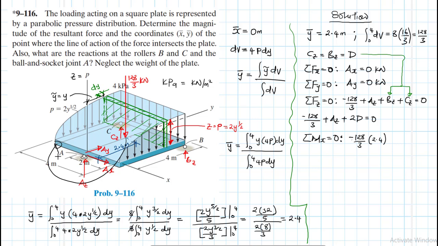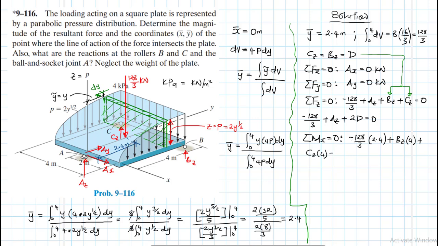That's a negative moment. It's going in the opposite direction of x. Summation of moments about the x-axis. Then we have plus bz, and cz will cause a positive moment, so bz by 4 plus cz by 4.